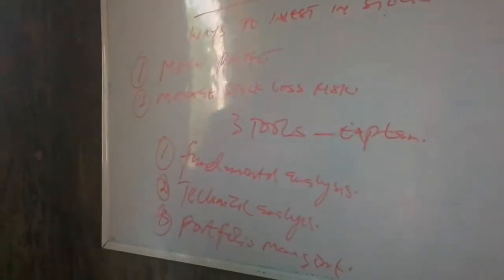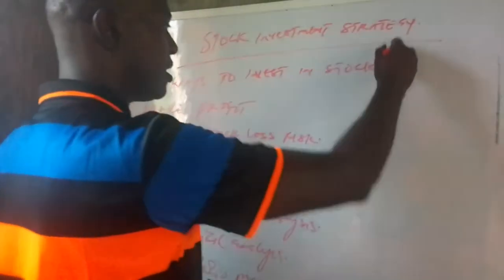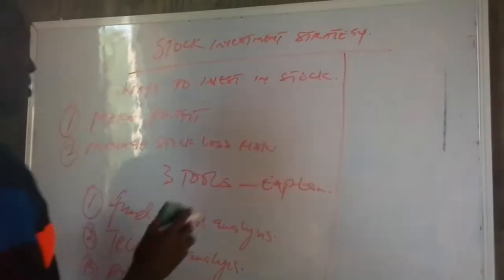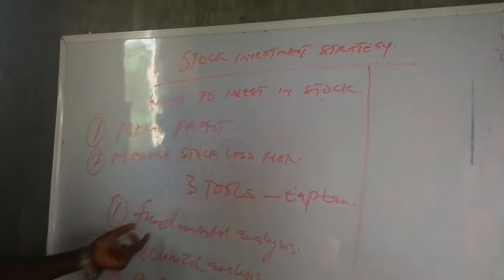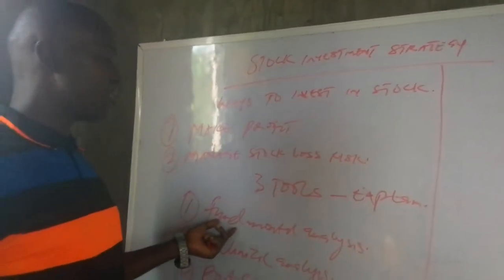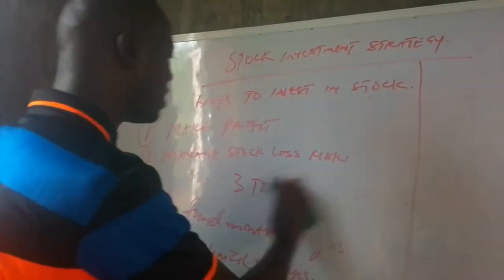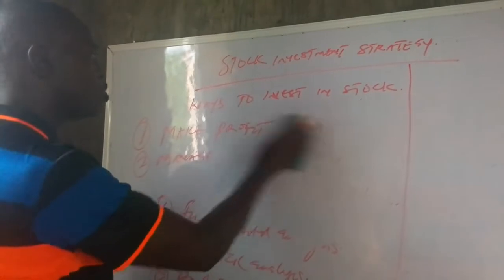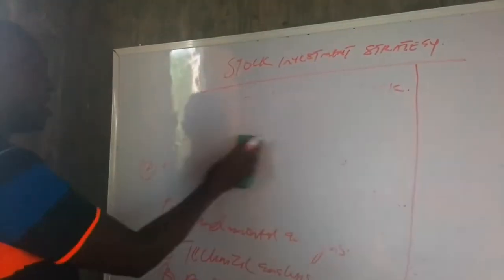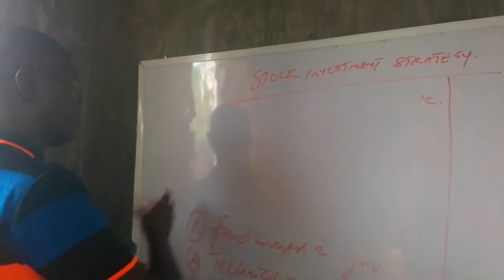Today we are going to look at the first one, which is fundamental analysis. You can call it value analysis or financial statement interpretation. The two tools that you use to do that are ratio analysis and financial statement analysis.